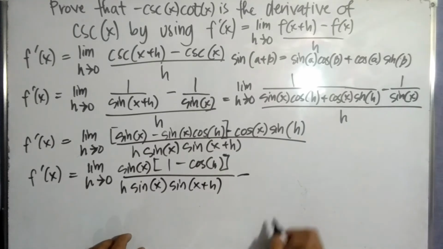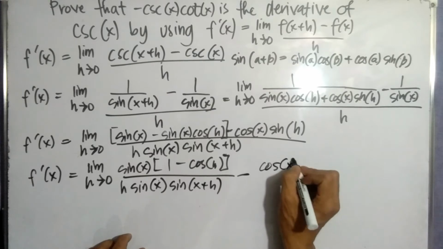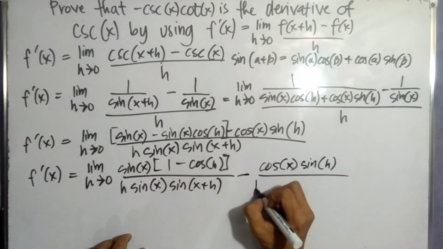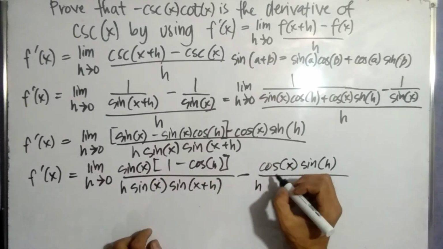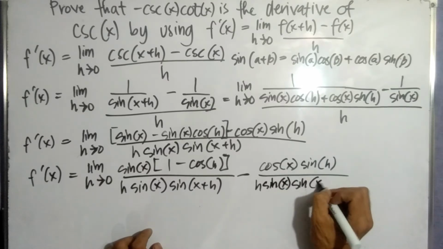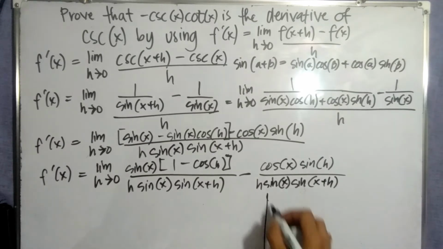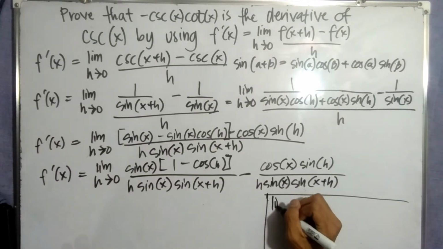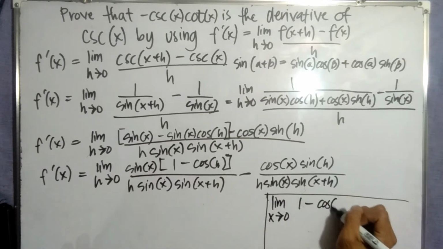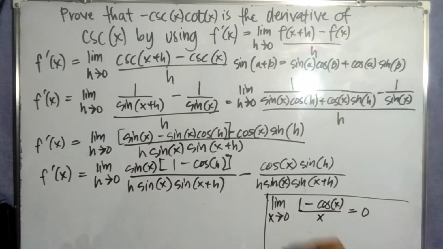Then, subtracted, kasi subtract to cosine x times sine h, all over that is h, kasi tig-separate natin, sine x times sine x plus h. May gagamitin tayong limit identity dito. So, ganito siya. Sabi daw, limit as x approaches 0 of 1 minus cosine x all over x is equal to 0.